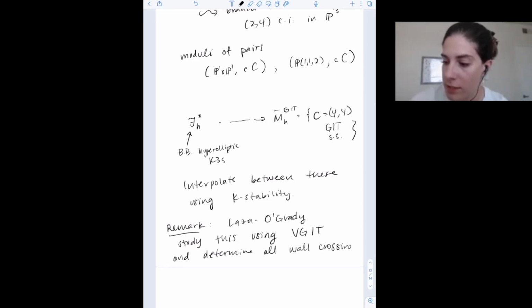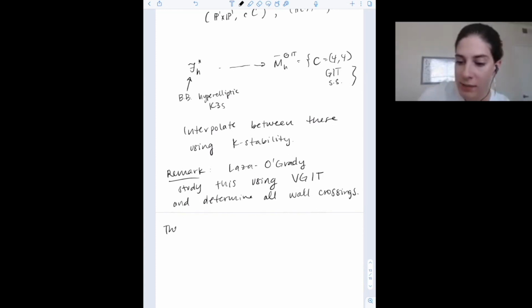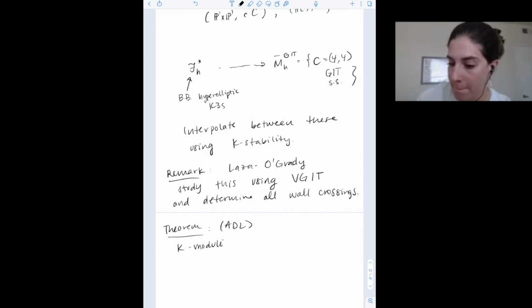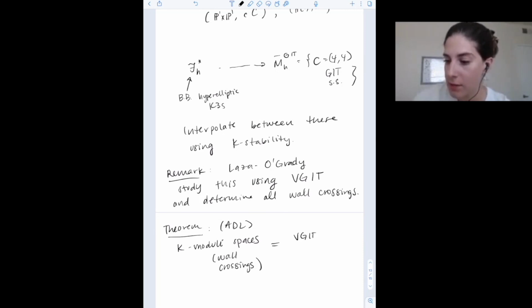And as it turns out, in this case, there's a very special case. This is not true in general if you're not talking about (4,4) curves, but in the case of (4,4) curves, the K-moduli walls and the K-moduli spaces and wall crossings and stacks are exactly the same as the VGIT moduli spaces or wall crossings that Laza and O'Grady define.